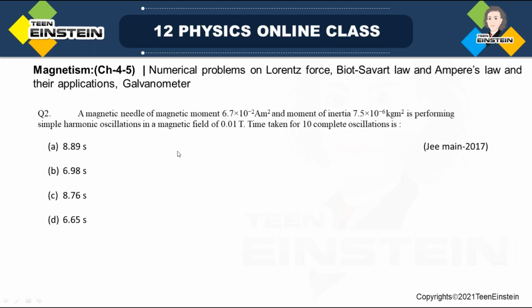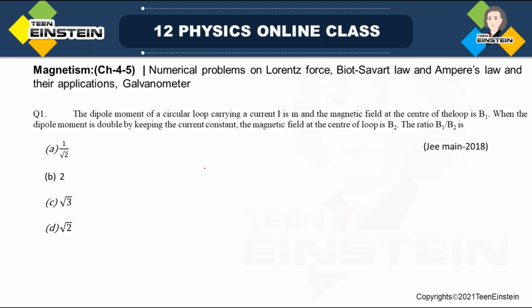The question says, suppose there was a circular loop like this. Suppose the current is flowing in the clockwise direction. When a current flows through this, it will be associated with a magnetic moment, which is written as M. Suppose this is loop 1, L1.